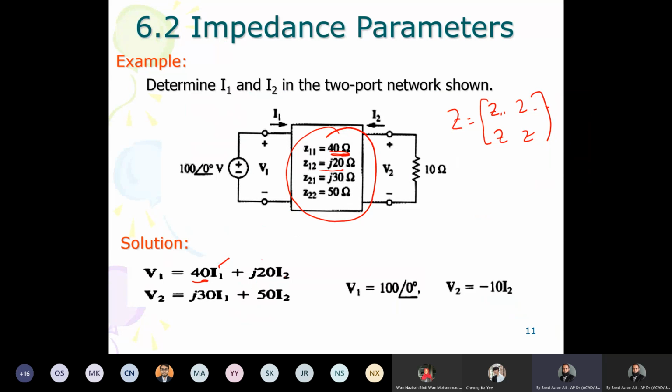Is it okay, guys? Similarly, V2 is Z21, j30, times I1 plus 50 I2. V1 is already given, 100 angle 0, and V2, since we have this one here and this is the current flowing, the voltage here is minus 10 I2.